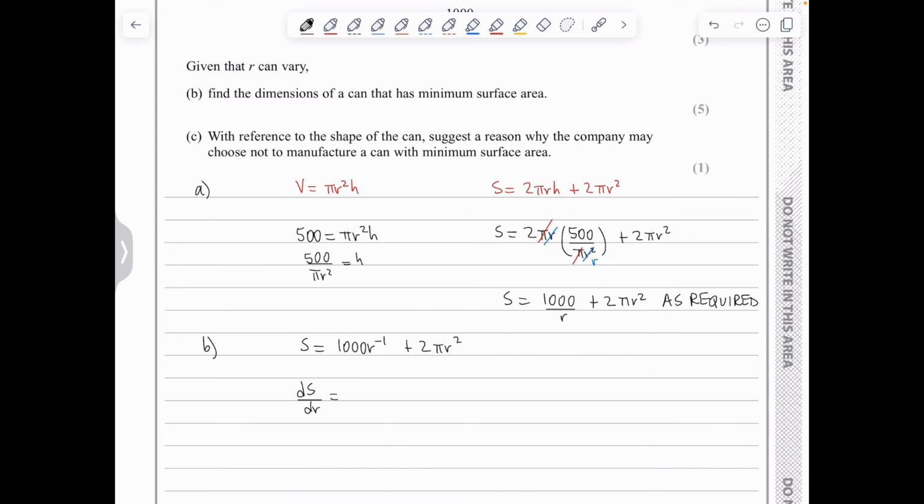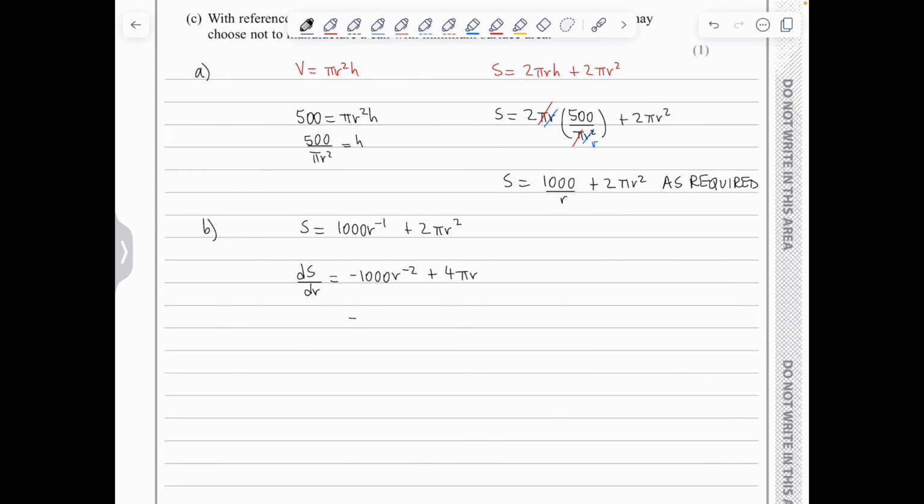So that's going to be minus 1000 r to the minus 2 plus 4 pi r. And we know that for a minimum, this should be 0. So we have minus 1000 over r squared plus 4 pi r is equal to 0, which leads to 4 pi r is equal to 1000 over r squared.